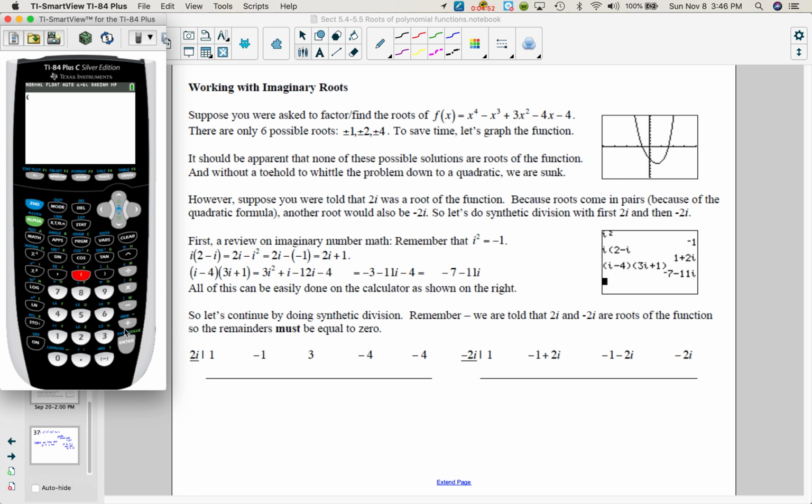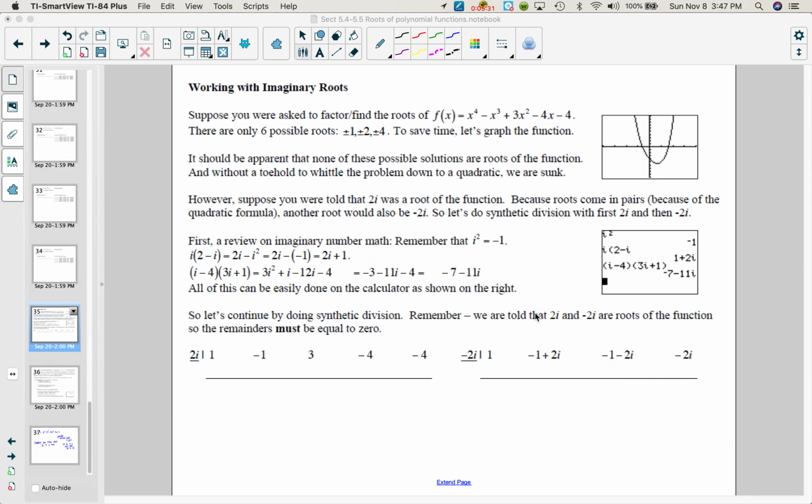So i minus 4, to get the i, it's the decimal point, so you hit second, and then we have i minus 4 times 3i plus 1, and voila. Now, I don't typically do that. I just find it easier just to work it out. So I'm going to switch my calculator back to real mode, but you know, it's a possibility if you choose to do it that way.